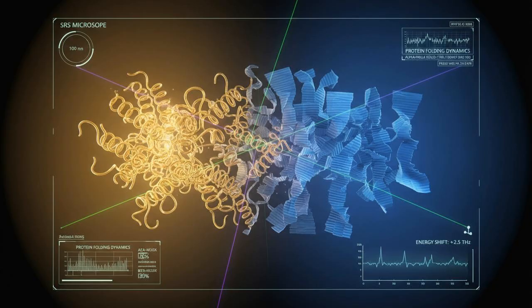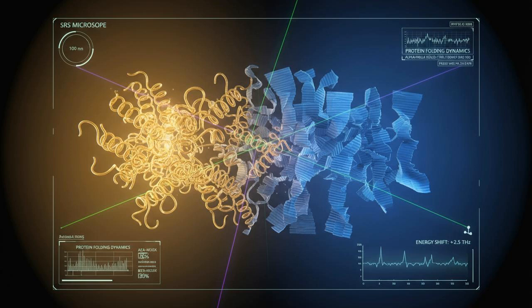However, when researchers aim an SRS microscope at these plaques, an entirely new, mind-bending dimension of data emerges. By carefully tuning the microscope's laser to the amide I band, which is a specific vibrational mode corresponding to the carbon-oxygen double bonds found in the backbone of proteins, scientists can detect the exact secondary structure of the tissue.